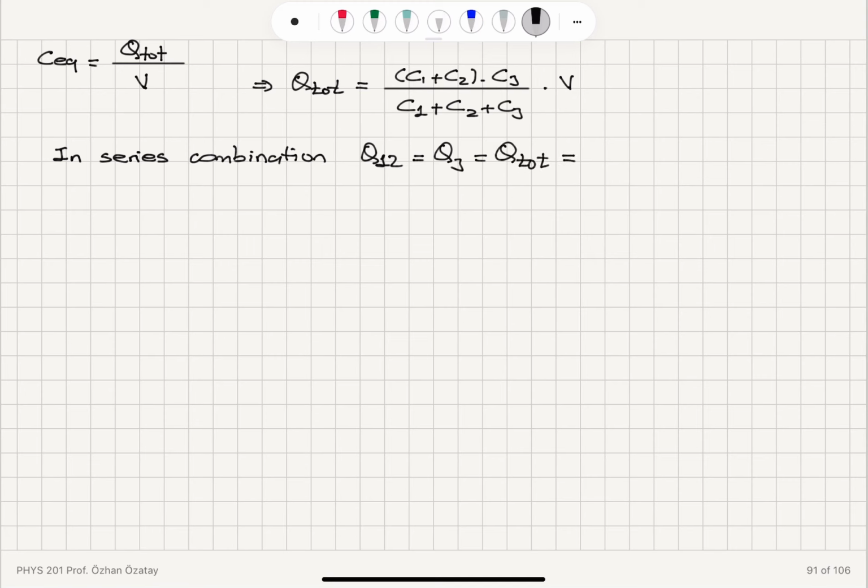So if we rewrite it here, it is C1 plus C2 times C3 divided by C1 plus C2 plus C3 times the voltage V.